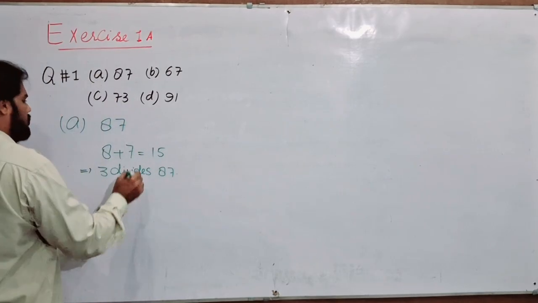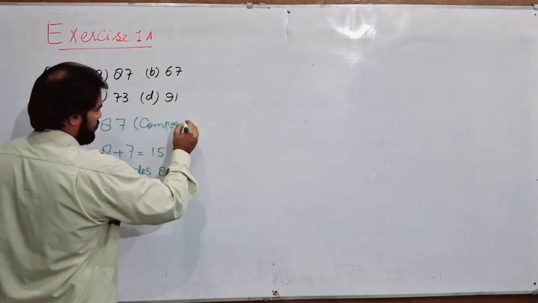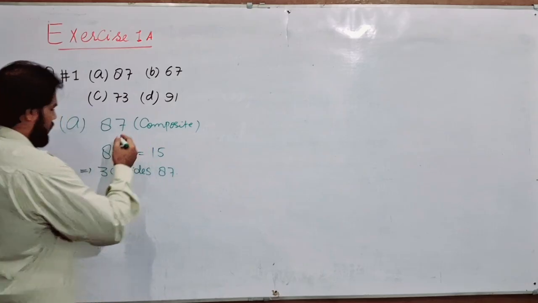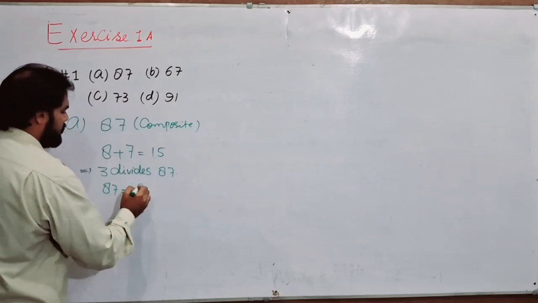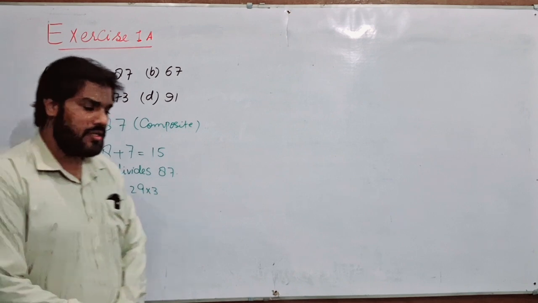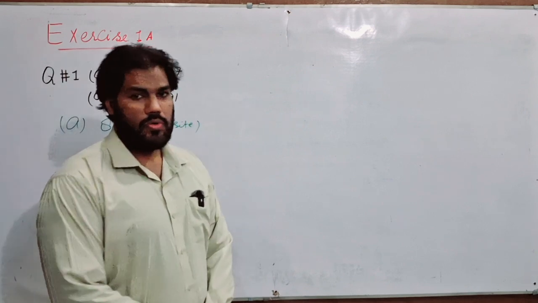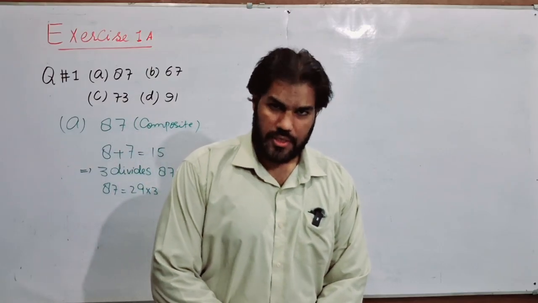So 87 is not a prime number. This is a composite number, and clearly you can observe that 87 can be written as 29 into 3. So this shows that 87 has 4 divisors: 1, 3, 29 and 87.